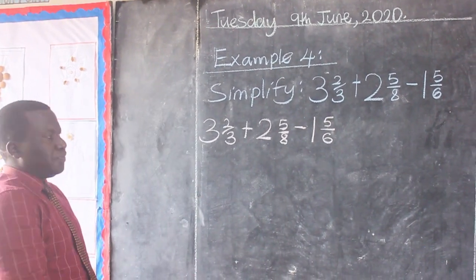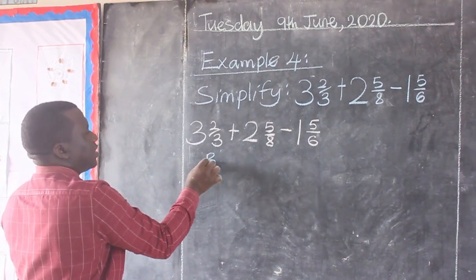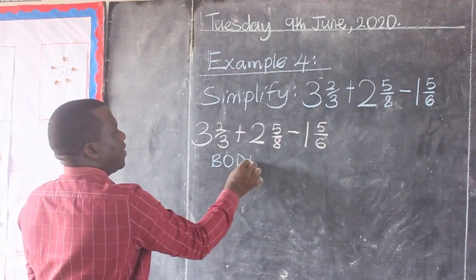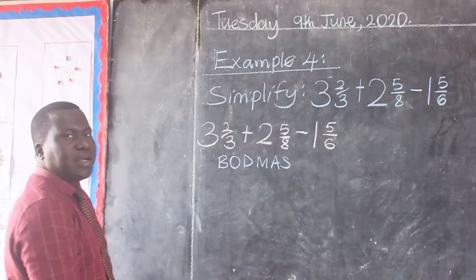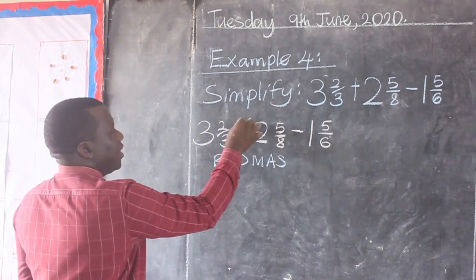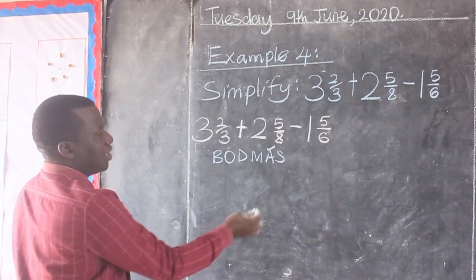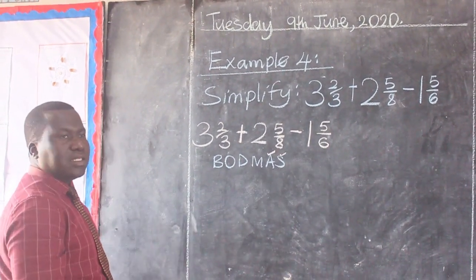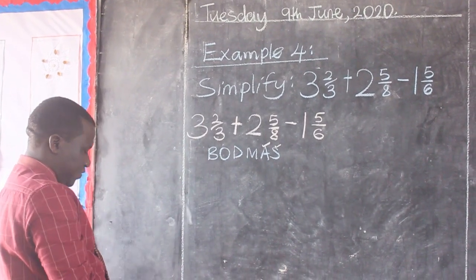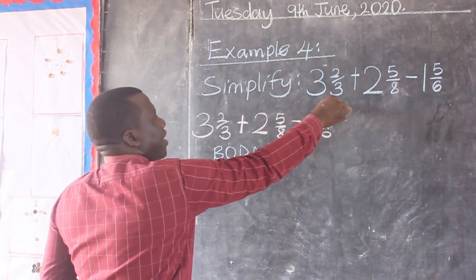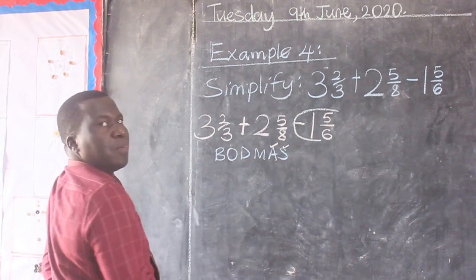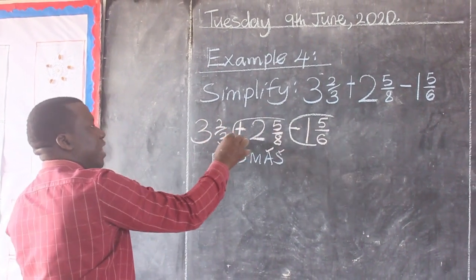So I told you, you arrange these fractions according to body mass. And we have seen that in a situation where you have addition and subtraction, addition will come first, then subtraction will come last. First, we shall identify each fraction with its sign.